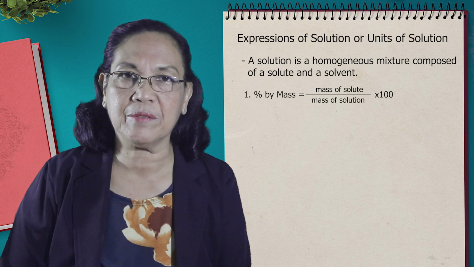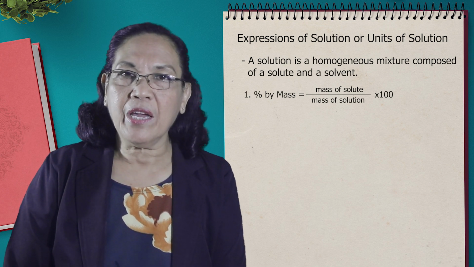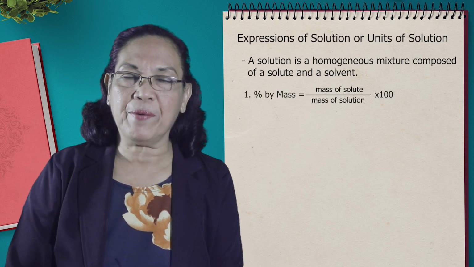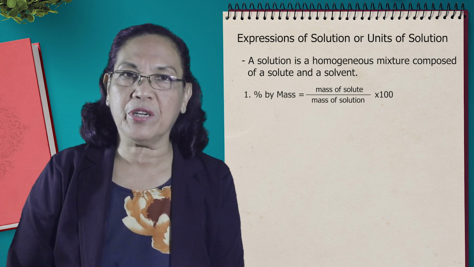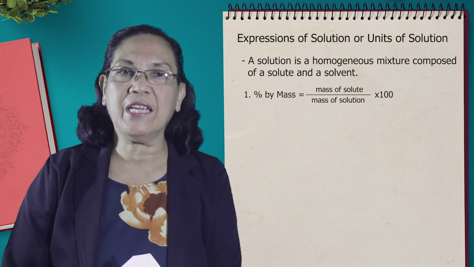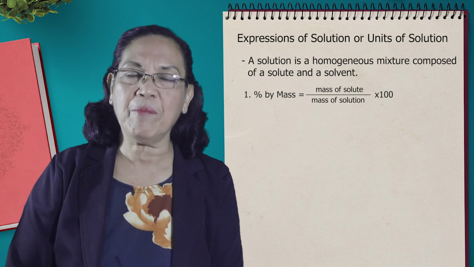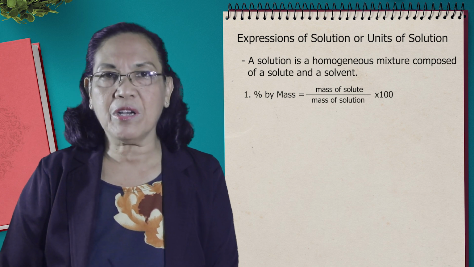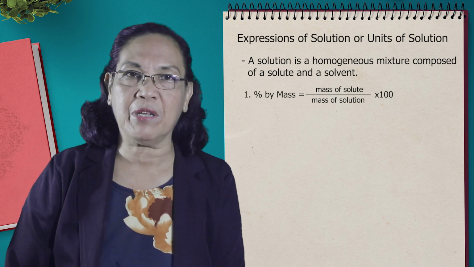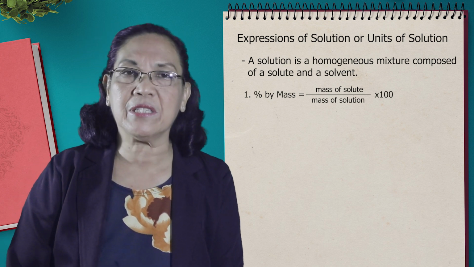times 100. For example, if you are given the number of grams of solute and the number of grams of solution, you can immediately substitute them to the formula, then multiply it by 100.